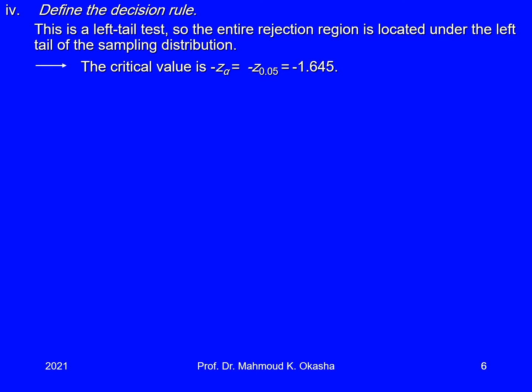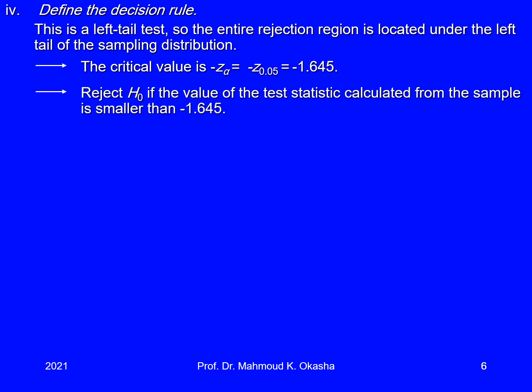So Z alpha with a minus sign, and we obtain Z of 5%, which equals minus 1.645. Minus because it is a left tail test. That means we reject H naught, the null hypothesis, if the value of the test statistic from the sample is smaller than this value.